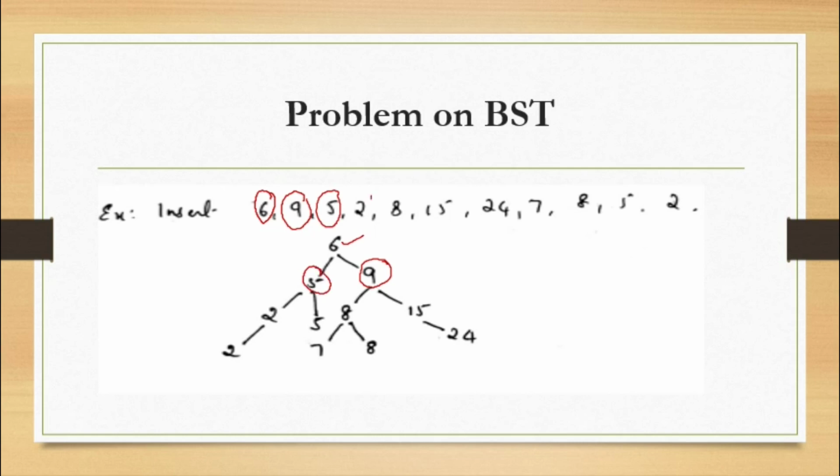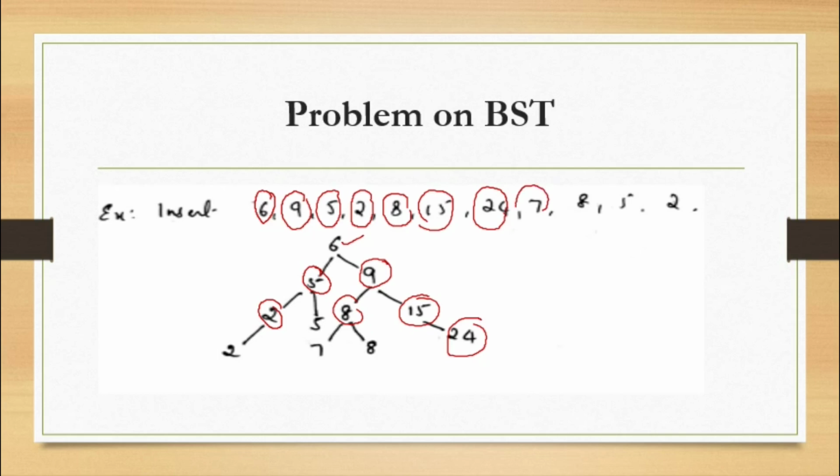Next is 2, and 2 is lesser than 5, so I put it to the left of 5. Then 8 comes, and 8 is lesser than 9, so I put it here. Next is 15, which is greater than 9, so I put it to the right of 9. Next is 24, which is greater than 15, so I put it to the right of 15.